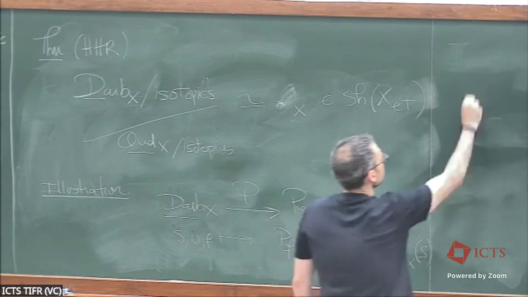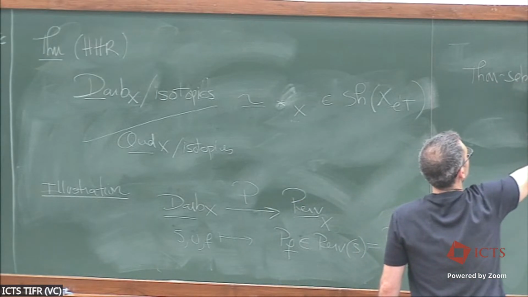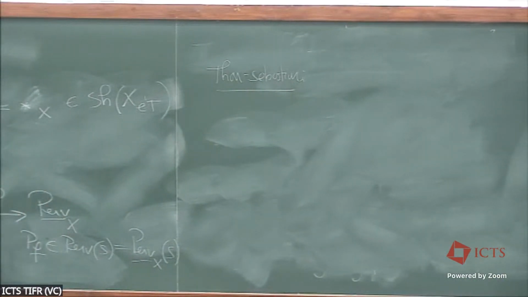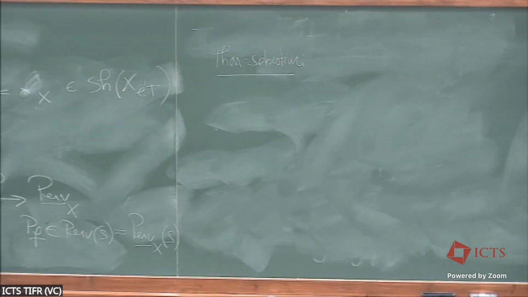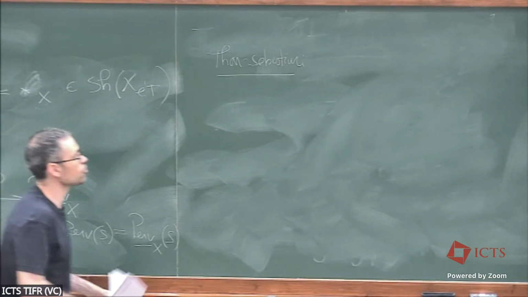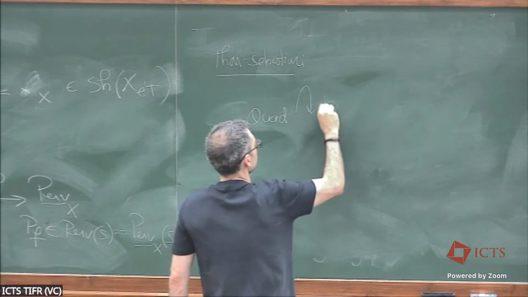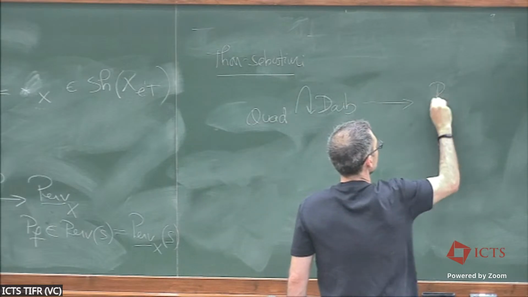And the Thom–Sebastiani theorem tells me that this whole map is equivariant with respect to the quadratic action on one side and some action on the other side. So I have quadratic bundles acting on the Darboux stack, and then I have the perverse sheaves.